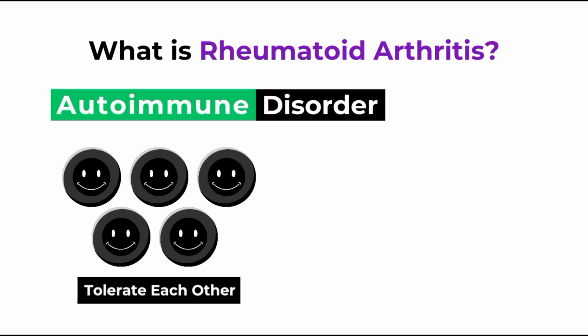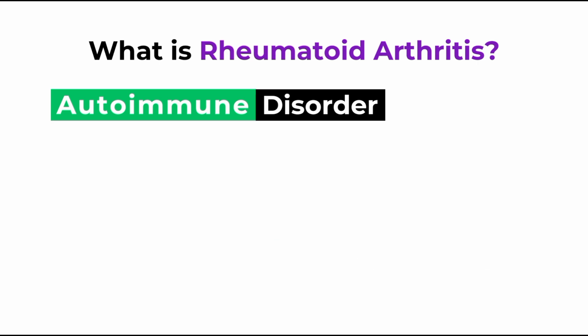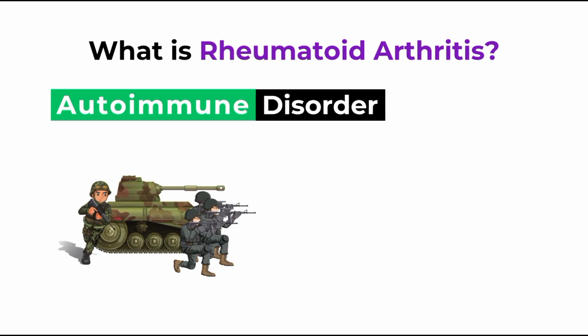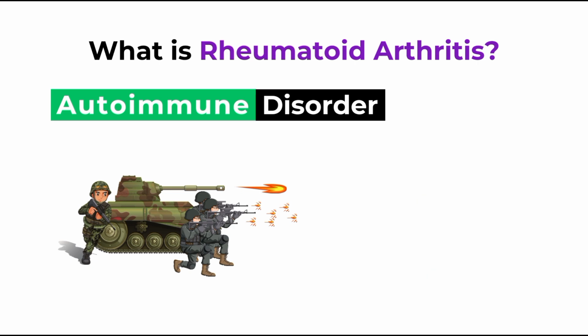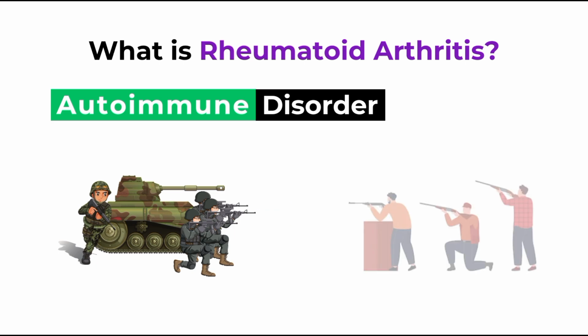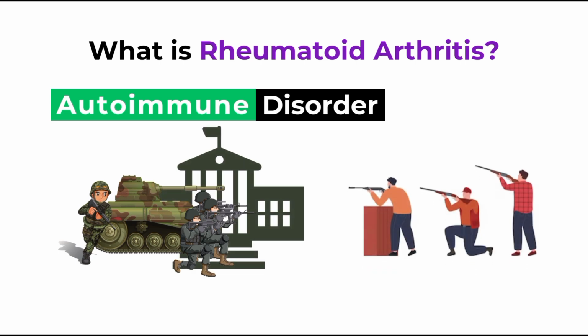However, if for any reason there is an alteration in any of these cells, the other cells will read them as foreign and begin to attack them. I'll give you an example. The soldiers of any country are trained to annihilate foreign invaders, and ordinarily they would not kill the civilians in their country. However, if for any reason these civilians take up arms against the state, they will be seen as insurrectionists and therefore dealt with.